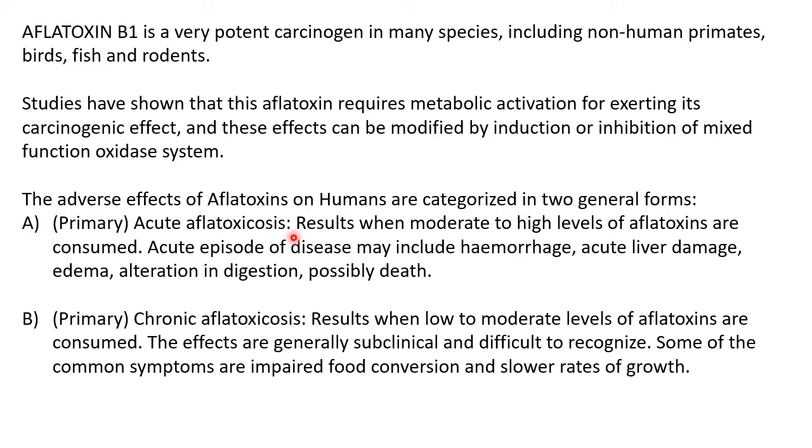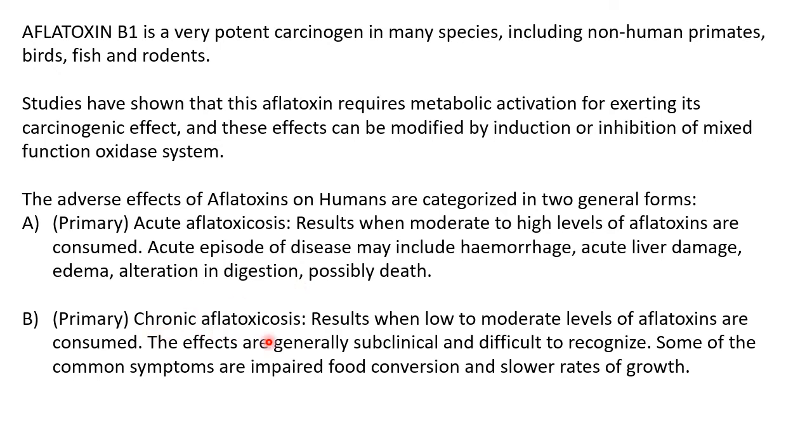The adverse effects of aflatoxins on humans are categorized in two forms. First is acute aflatoxicosis, which is primary, and it results when moderate to high levels of aflatoxins are consumed. An episode of disease may include hemorrhage, acute liver damage, edema, alteration in digestion, possibly death also.